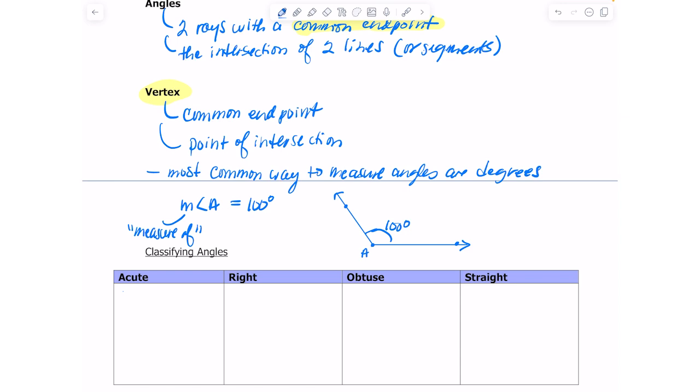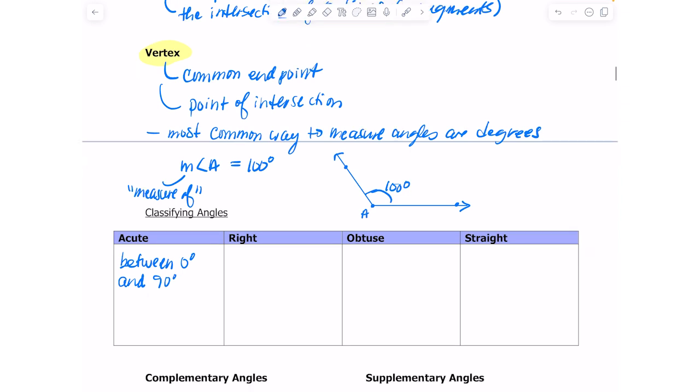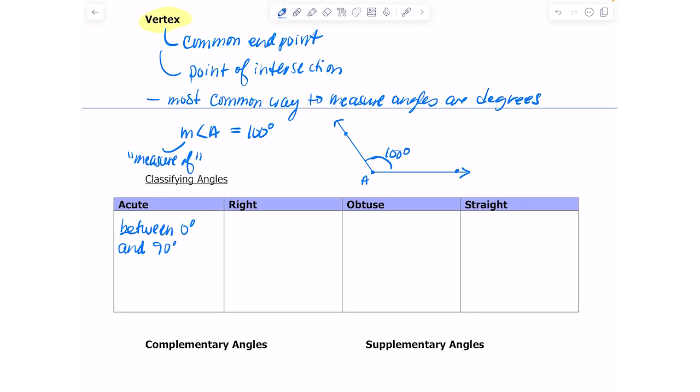We can classify angles in the following way. So we have what are called acute angles, which are angles between 0 degrees and 90 degrees. So a 90-degree angle, before I draw a picture, is a right angle. And right angles look like L's. So that's 90 degrees, and we signify that with a box.